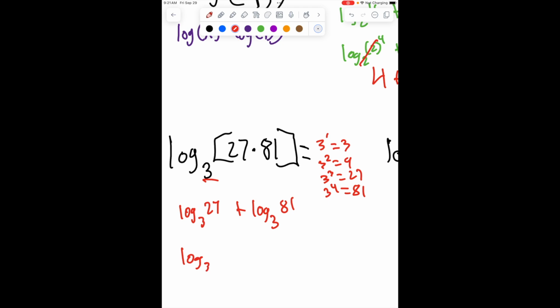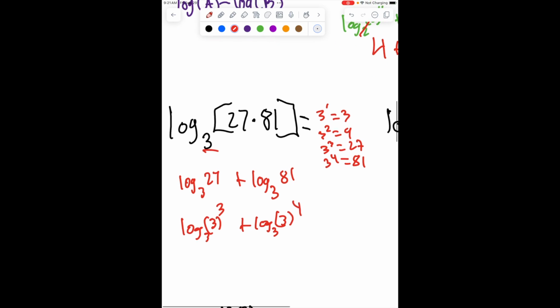I've got log base 3 of 3 raised to the 3rd power, gives me 27, plus log base 3 of 3 raised to the 4th power gives me 81. I got some nice canceling out here, and this also equals 7. Huh.